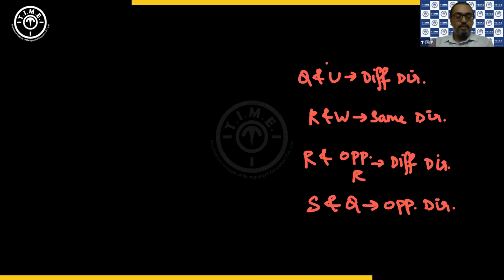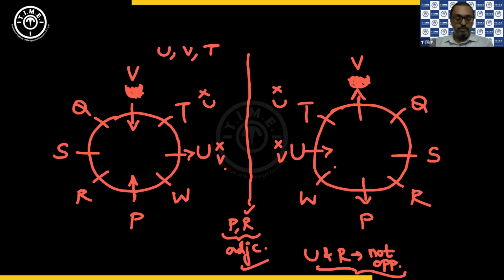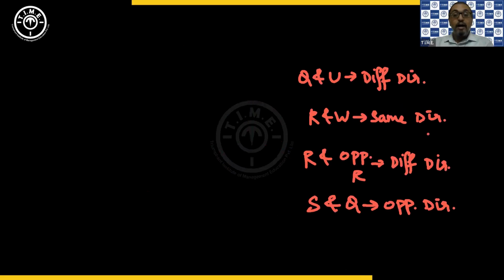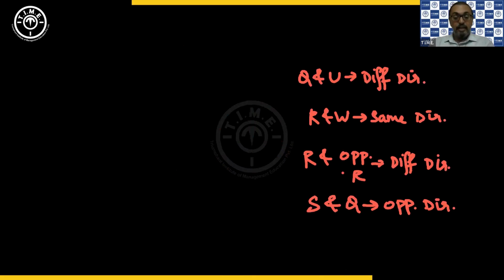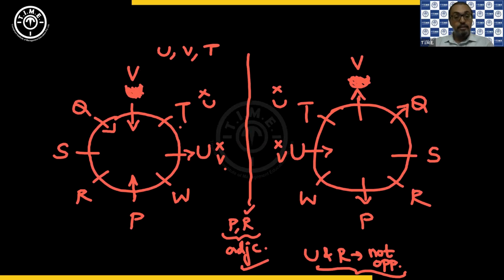Now the directions: we can say Q and U face different directions. Now since U is given, Q will be opposite to U. And then we have R and W in the same direction. Okay, we'll come to that. Then R and the person opposite to R face different directions. Since we know that there are 5 people facing the center, let us take R and W facing the center.